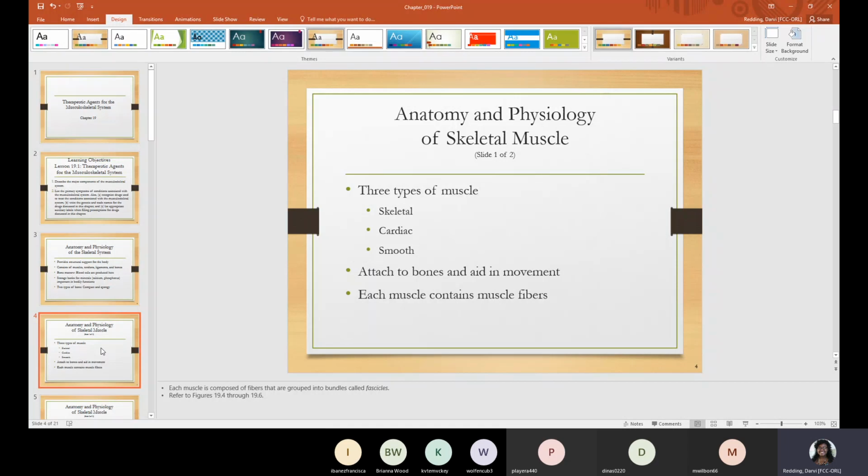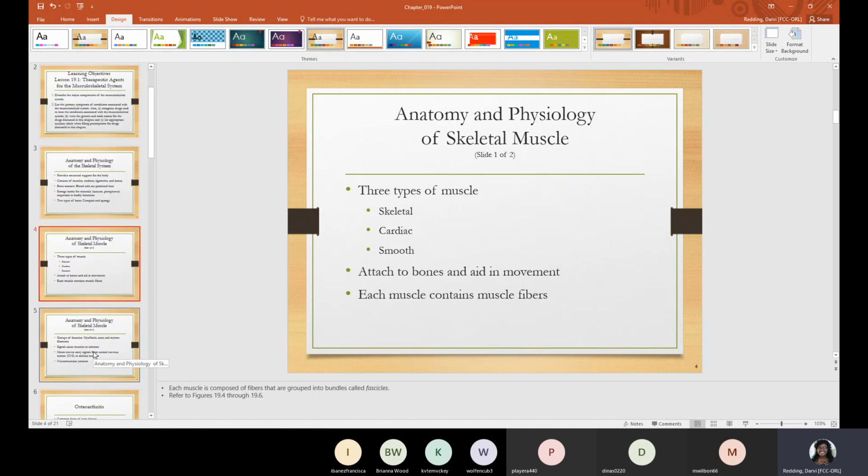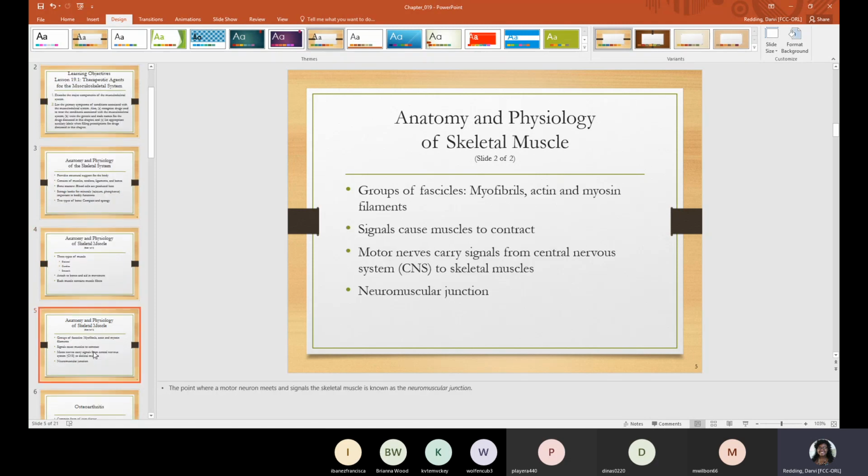Each muscle contains muscle fibers, and those fibers are grouped in bundles called fascicles. So in understanding that the body has three main types of muscle, we'll continue learning more about the anatomy and physiology of the skeletal muscle.